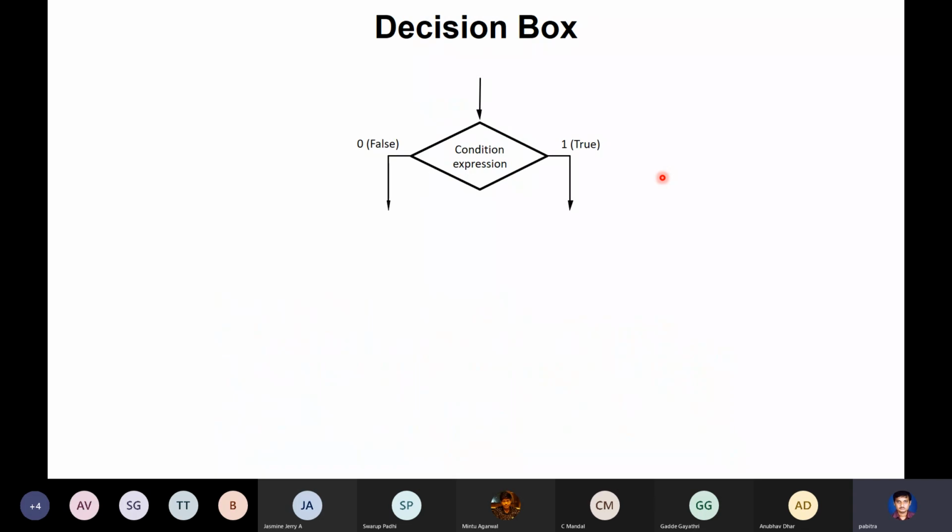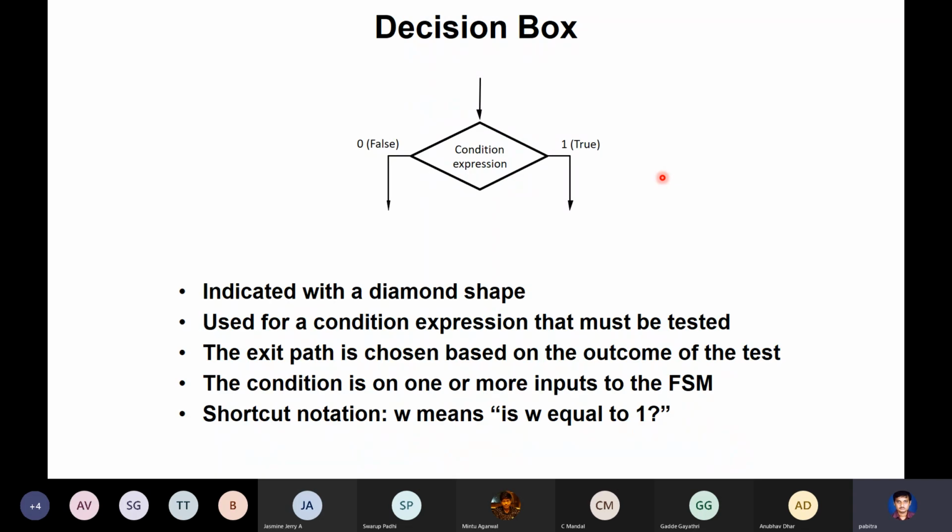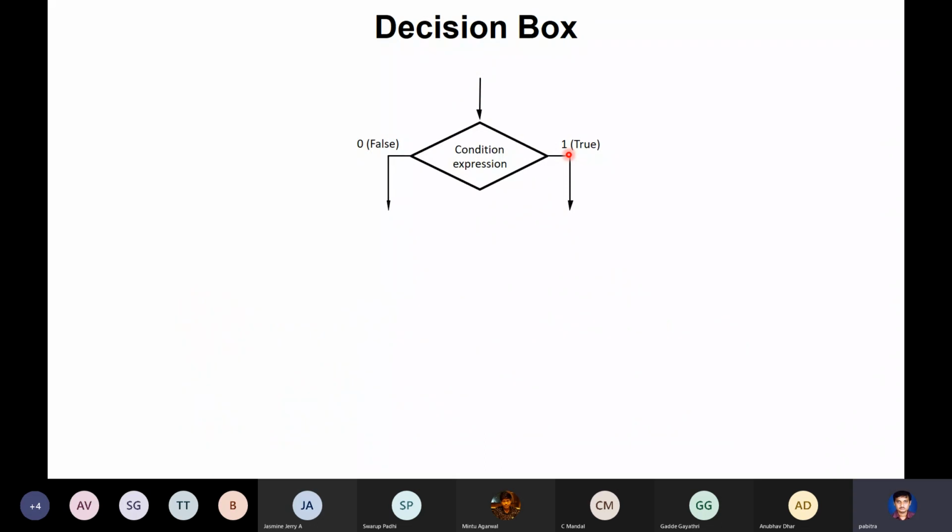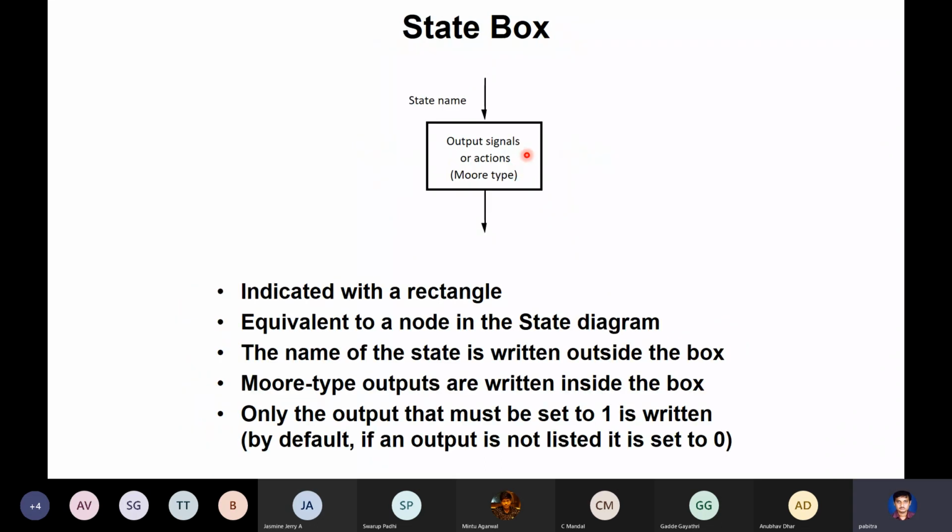Then you have a decision box. This is indicated by a diamond. One thing you notice here, there is an output signal. Only the outputs that are set to 1 are written down here, and we may need this for further processing.